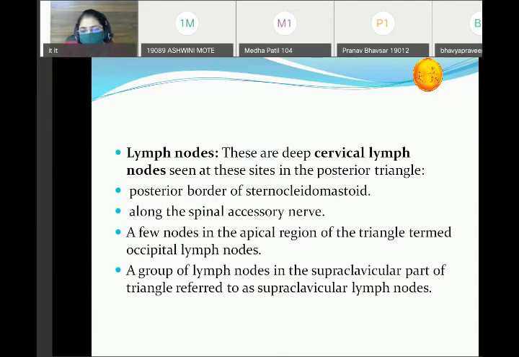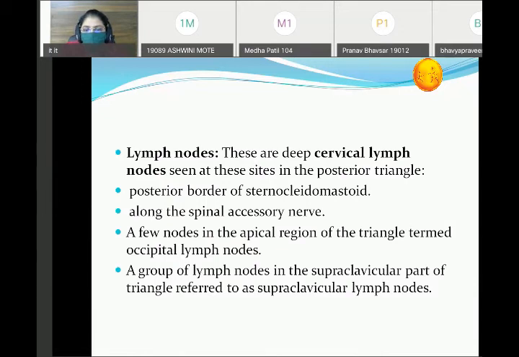There is a chain of lymph nodes along the posterior border of the sternocleidomastoid, and again a chain of lymph nodes along the spinal accessory nerve. There are a few lymph nodes present in the apical region of the triangle, which are also called the occipital group of lymph nodes.